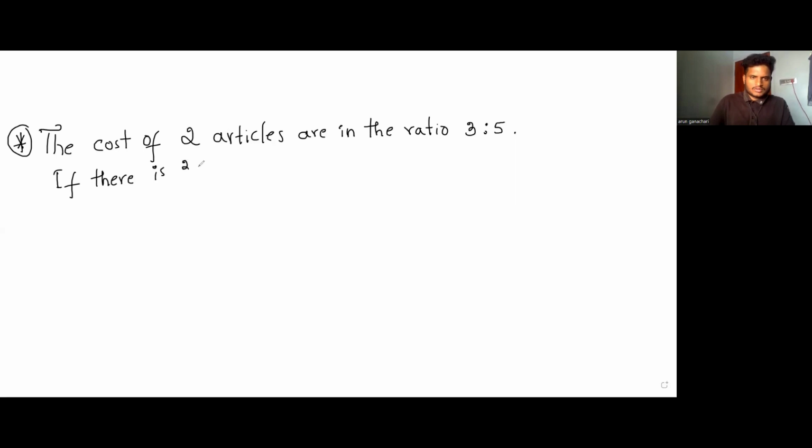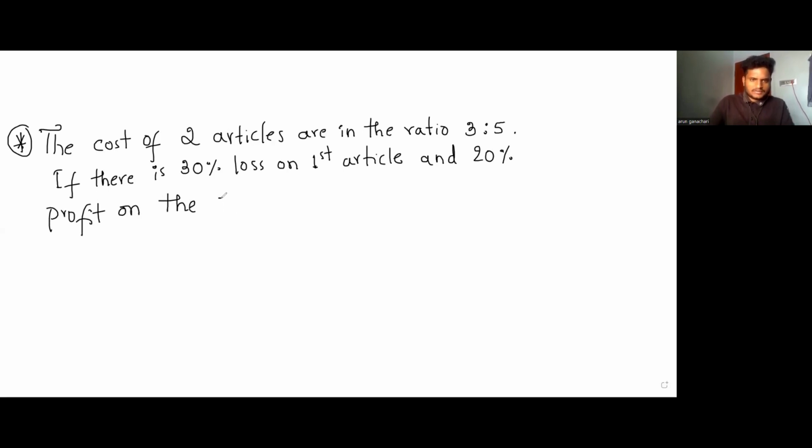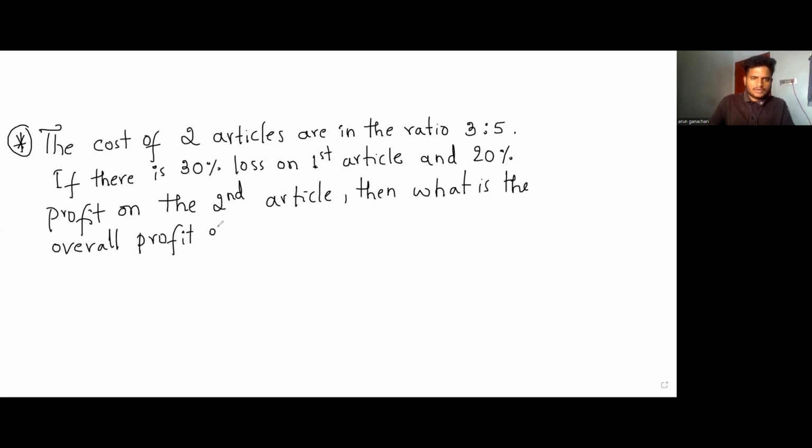If there is 30% loss on first article and 20% profit on the second article, then what is the overall profit or loss percentage? Try to do this.